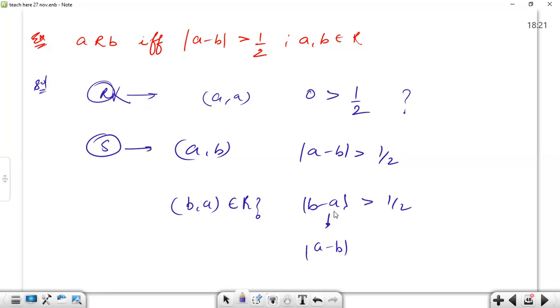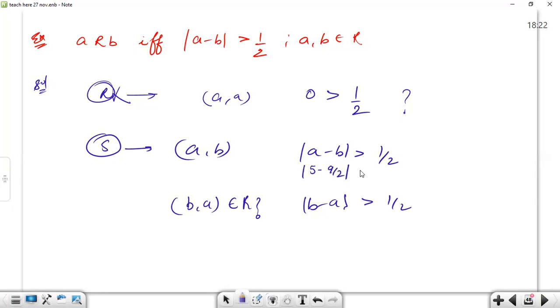Yes, sir. Clear, or should I elaborate on this? Could you elaborate on that? Yes. So if A minus B is written here, or B minus A is written.